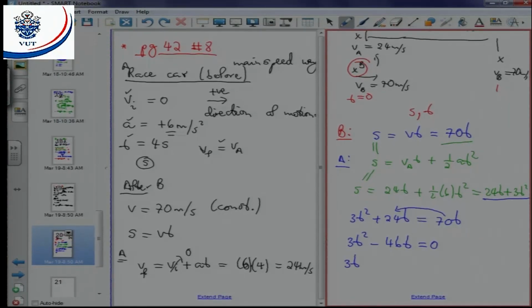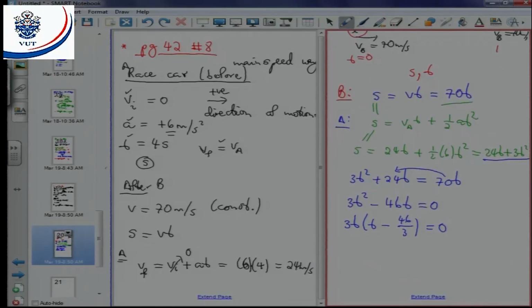Taking out a common factor of 3T, I'm left with T minus 46 over 3 equals 0. So then we get our final solutions. There are two solutions: T equals 0 or T equals 46 over 3 seconds.